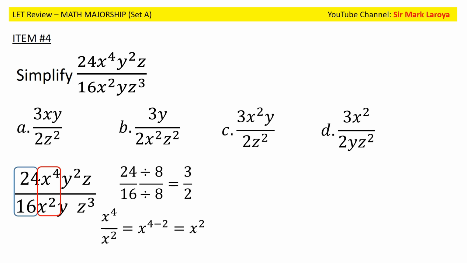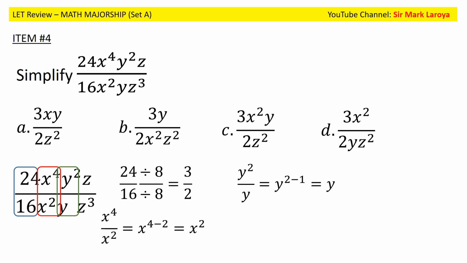Now, same goes for y squared over y. So, y squared over y, wherein yung sa denominator natin, ang exponent ni y ay 1, it will become now y raised to 2 minus 1. So, 2 minus 1 is simply 1. So, our answer here is simply y.